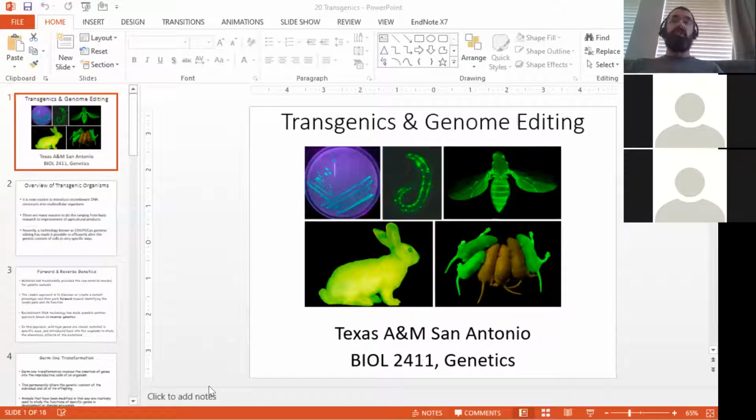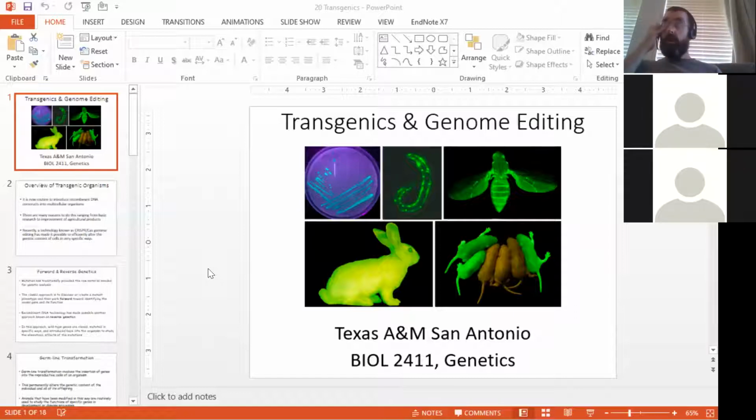And so it's really hard to overstate how important a tool that has been. Essentially, before we had GFP, we would have to actually use things like antibody staining to localize proteins to figure out where they were being expressed, which is really hard and not particularly sensitive, right?